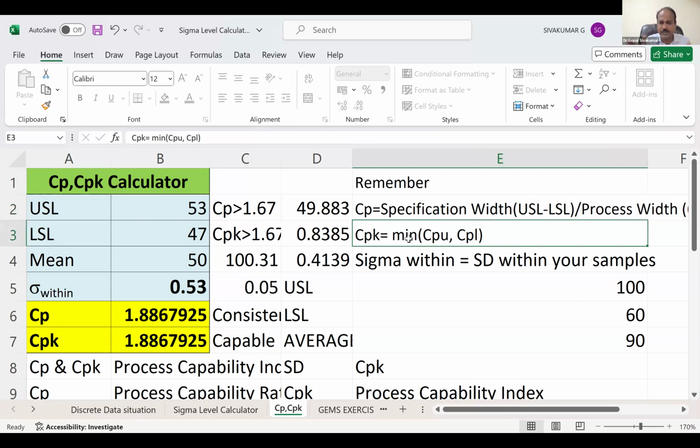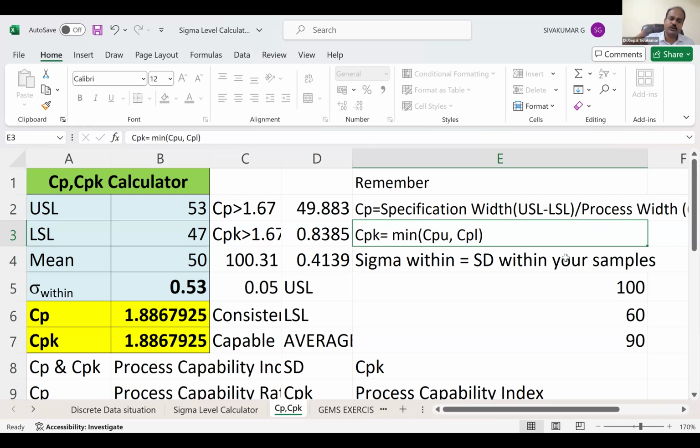For that purpose, we use some logic. We divide the complete tolerance into two halves. Similarly, we divide the process also into two halves, so the process spread becomes 3 sigma, because 6 sigma is divided by 2. The tolerance is also divided into 2 parts. The right side is the difference between USL and center, and the left side is the difference between LSL and center.